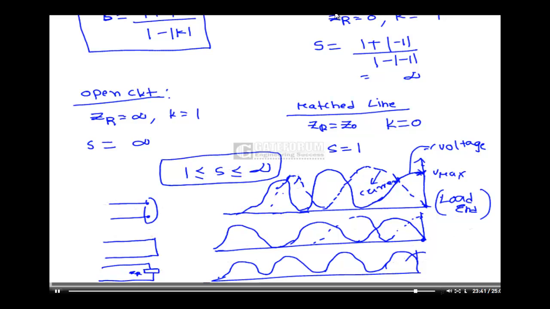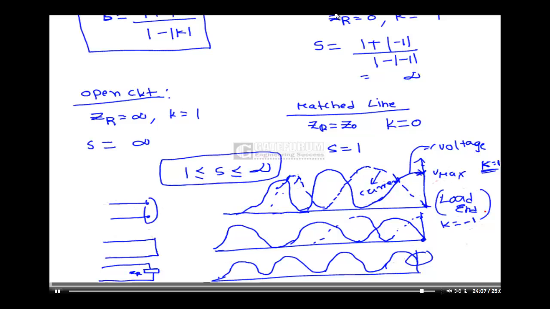How do we know whether it is maximum or minimum? This comes from the concept of open circuit and short circuit. In the open circuit case, voltage is maximum, and the reflection coefficient is equal to 1, that is positive. Whereas for the short circuit case, the reflection coefficient is minus 1, that is negative.